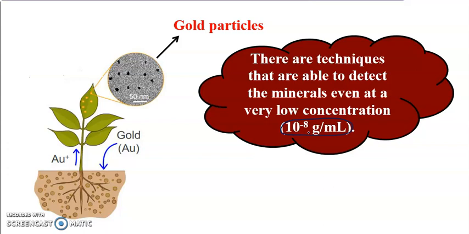Similarly, plants that grow near gold mines, where there are gold ores, because the soil itself is rich with gold in the ore form, the plant also picks it up, but in very, very minute quantities. But we can't say that selenium or gold are very important for the plant to survive. No, they are just there because the soil is rich in that.